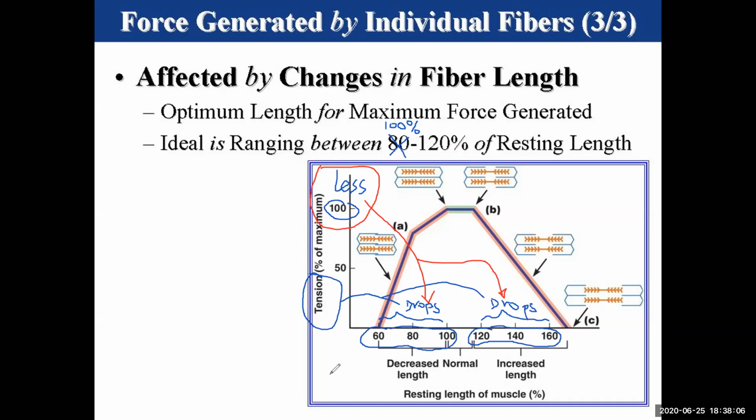The reason is simple. If you are stretched out, meaning this is the extreme here, there's no cross-bridge formation possible between myosin and actin. So this is a muscle that has been overstretched completely, with very little cross-bridge formation possible. The other extreme is when it becomes too short: the thin filaments on this side will crash into the filaments on the opposite side.